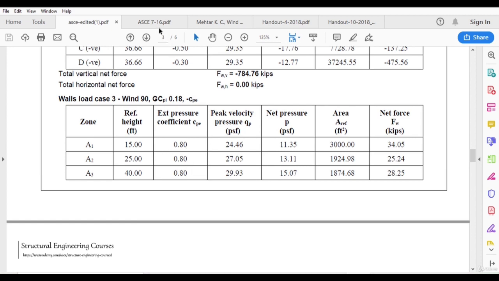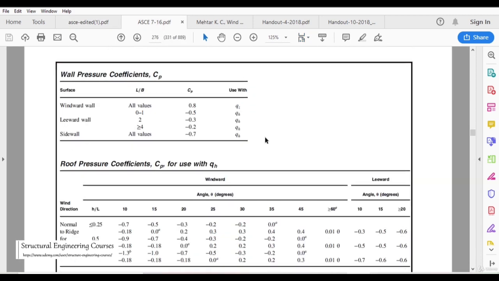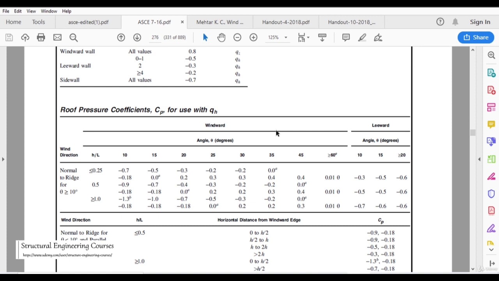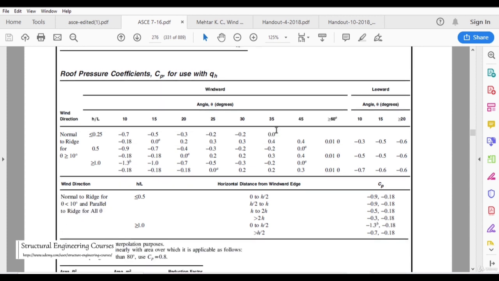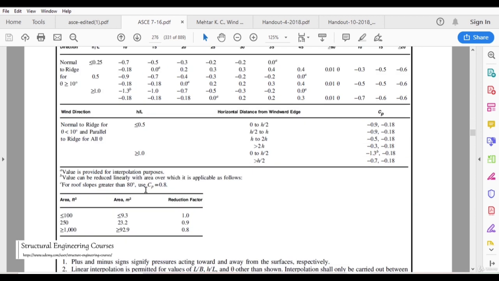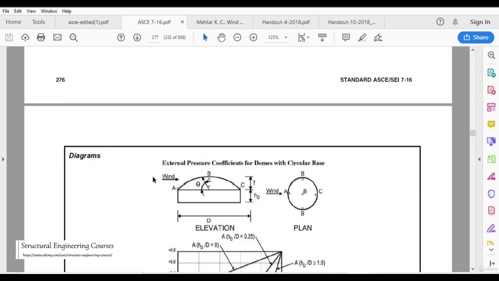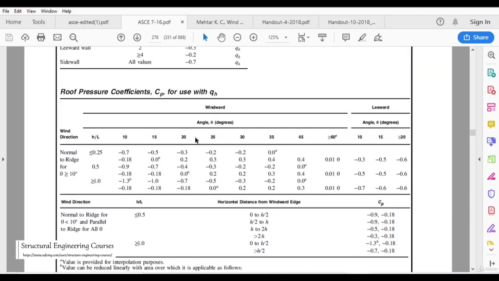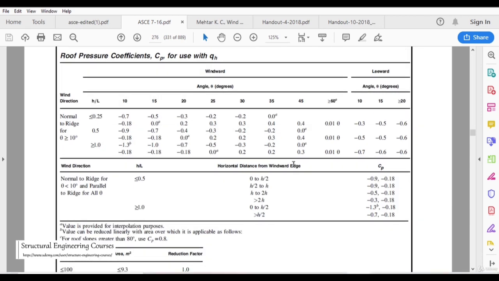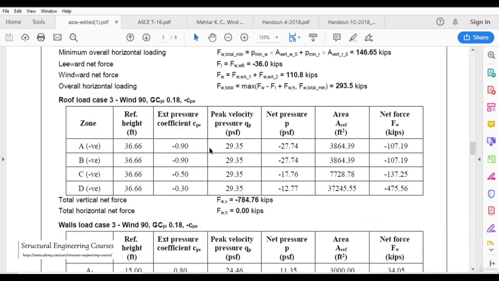If we go to this table, here we can see for wind direction the roof coefficients Cp, wind direction normal to ridge, and wind direction parallel to ridge. For roof load case 3, the direction is wind at 90 and GCpi is 0.18.